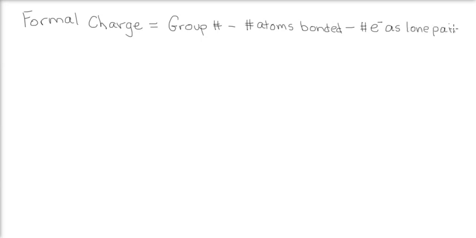But we count these electrons individually, not as actual pairs.